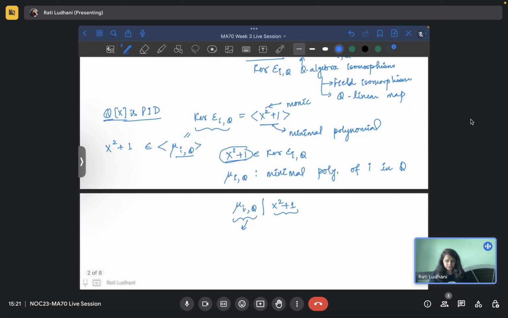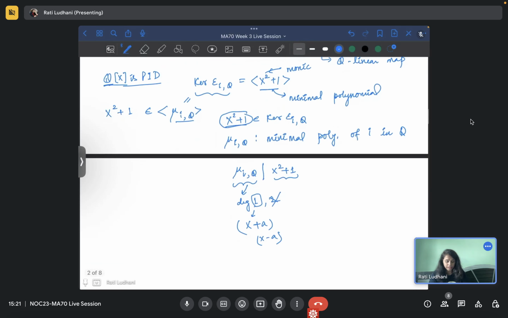Now what choices could it have? Either of degree 1 or degree 2, right? So 2 is covered. Now if it is of degree 1, it is a monic polynomial, so it will be like x plus a or x minus a, whichever representation you take. But that means I minus a should be 0, and a belongs to Q, so this belongs to Qx.